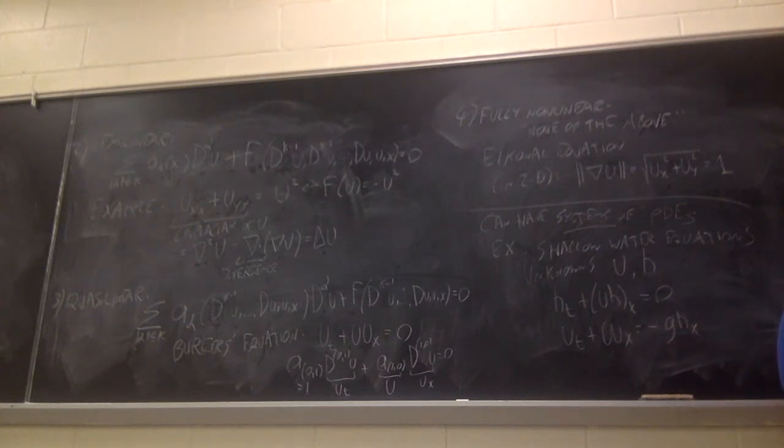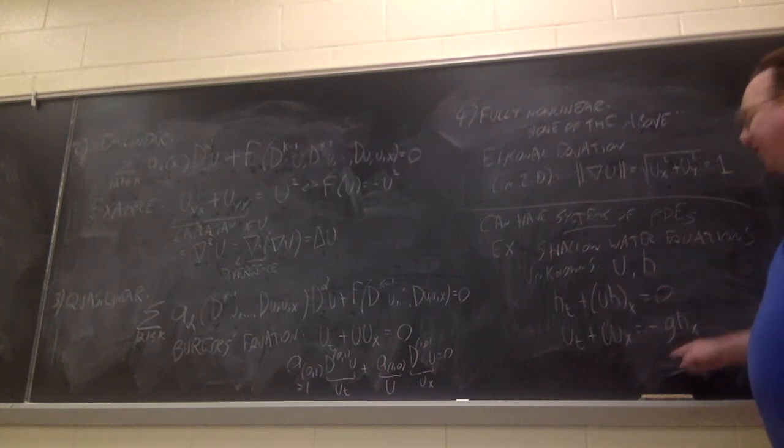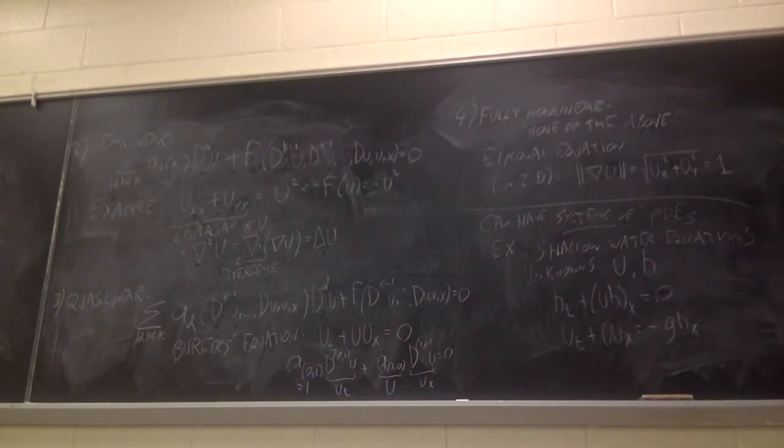You can't just solve one and then substitute that solution into the other one, because here we have u and h both involved in the first equation and in the second equation. You have to solve them together, which is a huge pain. I don't know if we'll be doing systems much in this class, but that is something that comes up in my research now and then. A lot of the very important PDEs are systems, and you can't always pull those equations apart.